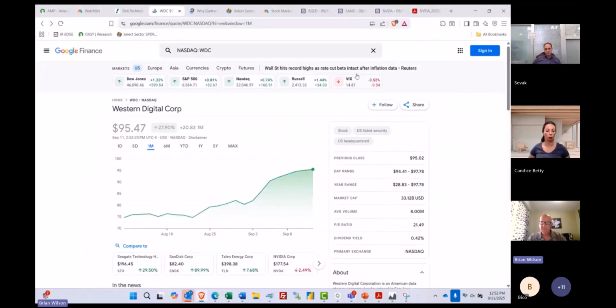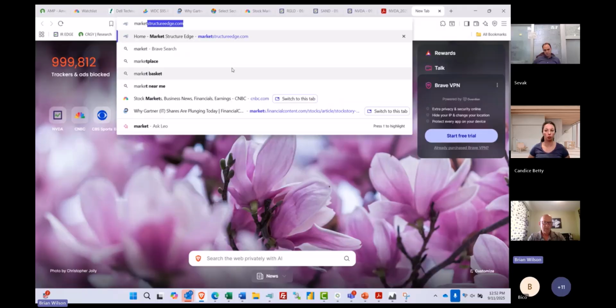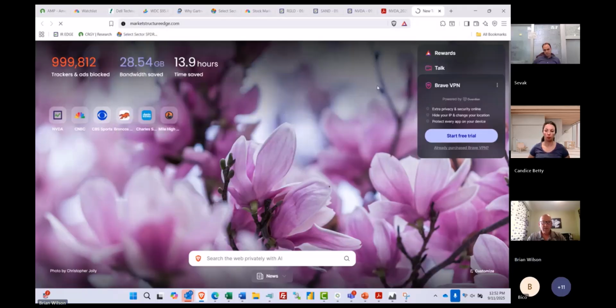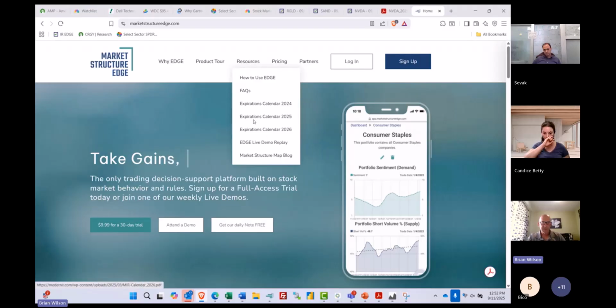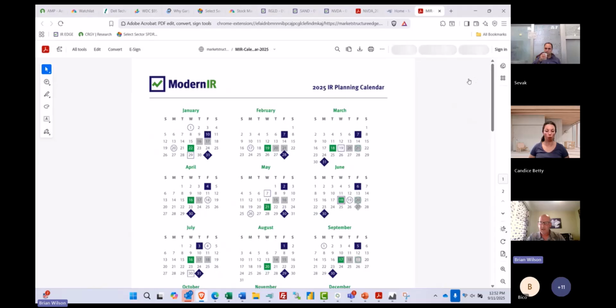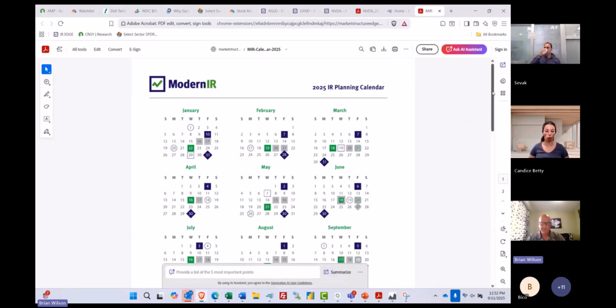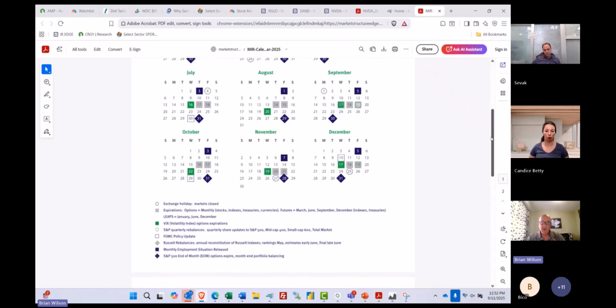Just as a reminder, and most of you guys are aware of this, go to Market Structure Edge and go to Resources and the Expirations calendar. Just think of it as a planning calendar, and you can look at the events that are coming up. So as we move into next week, we have the green, which is VIX or volatility expirations.